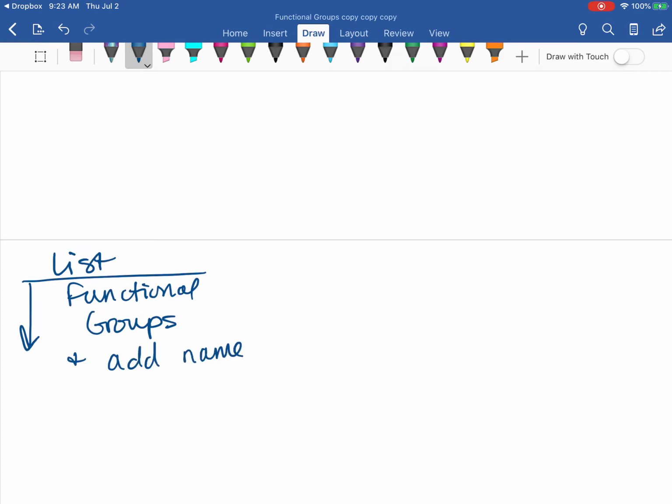And you can add a little bit of flair, like maybe how would we name them, just a quick name. And then over here, I would leave myself some space because we're about to connect our functional groups to two different huge areas in this unit, pKa values and IR spectroscopy.